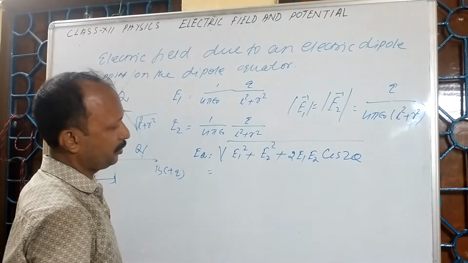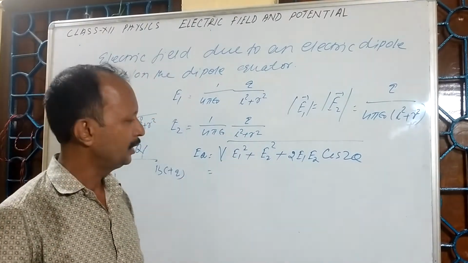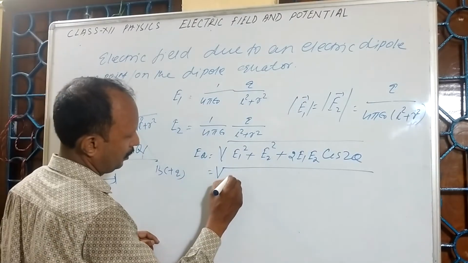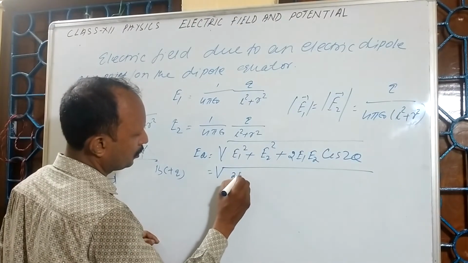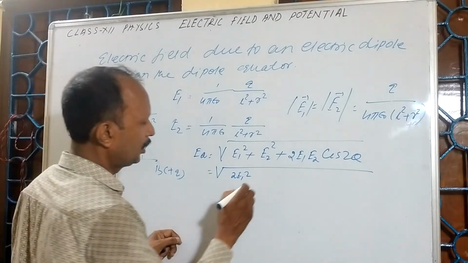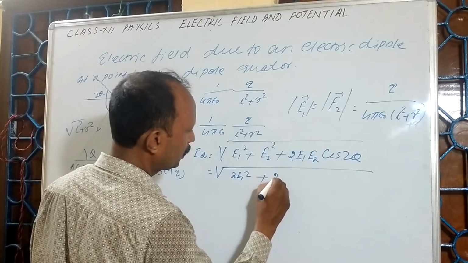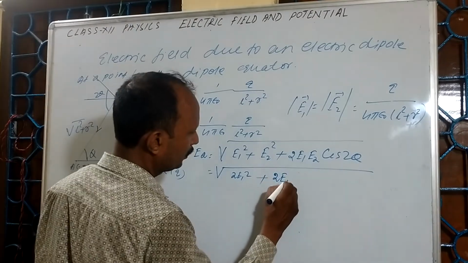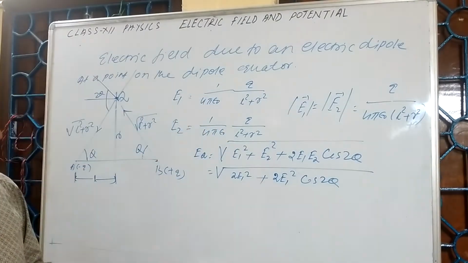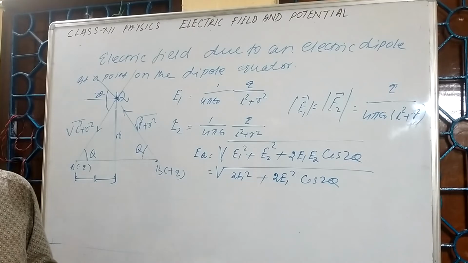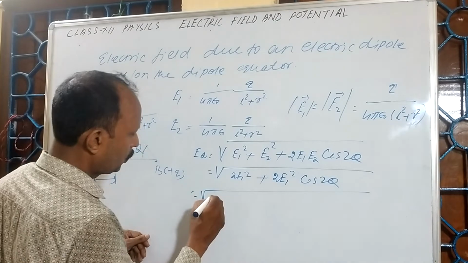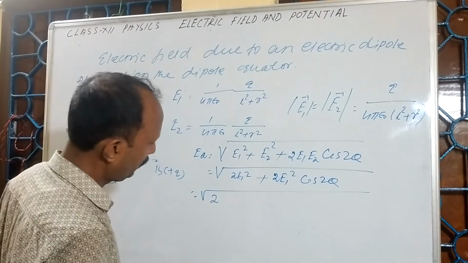So in E1 square plus E2 square, both are equal, I can take E1 square, so 2 E1 square plus 2 E1 square cos 2 theta. Listen carefully. In this case, I am taking 2 common.